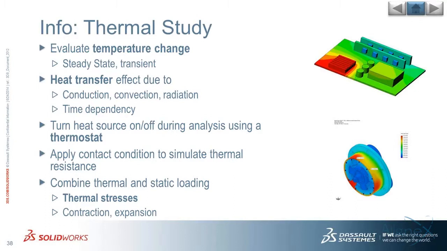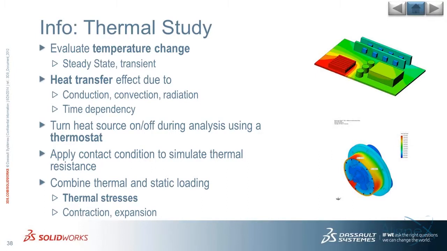We can turn a heat source on and off during analysis using a thermostat as well. So not just time dependency, but we can have something heat up, and then once it gets to a certain temperature, we can have it turn off for a while until it gets down to a minimum temperature and then turn back on again. So we can set up a thermostat much like a thermostat in your house.